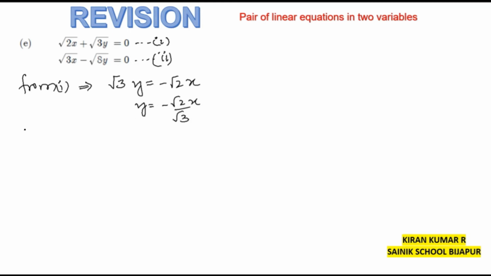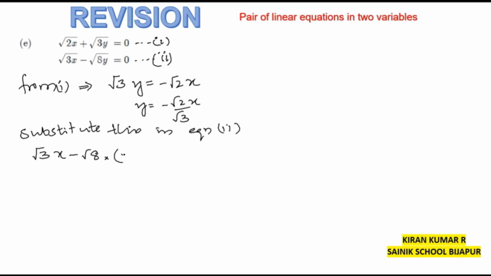Let us substitute this in equation 2. We'll be getting root 3x minus root 8 times of (minus root 2x divided by root 3) equal to 0. We need to simplify this.